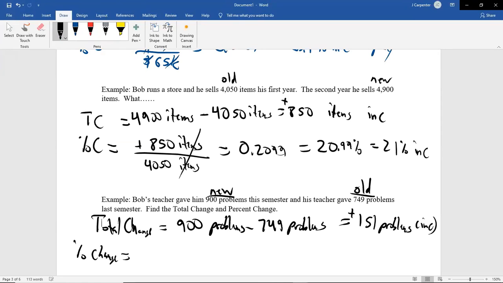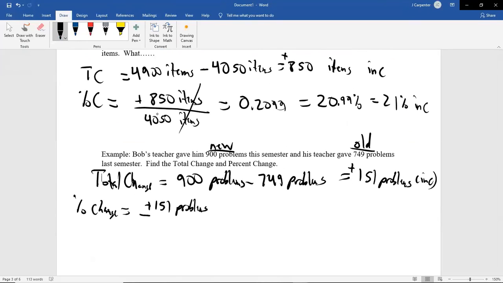So that'll make our percent change. We're going to take the total change of the positive 151 problems. Again, that's an increase. I totally should have made that answer a decrease, but I didn't think about it until just now. Next semester. And then we'll divide that by the original, the old, the thing that happened first in time. And again, not the 900, not the first thing in the sentence, the original, the thing that happened first in time. So that's the 749 problems. So we're going to have to cancel those problems.